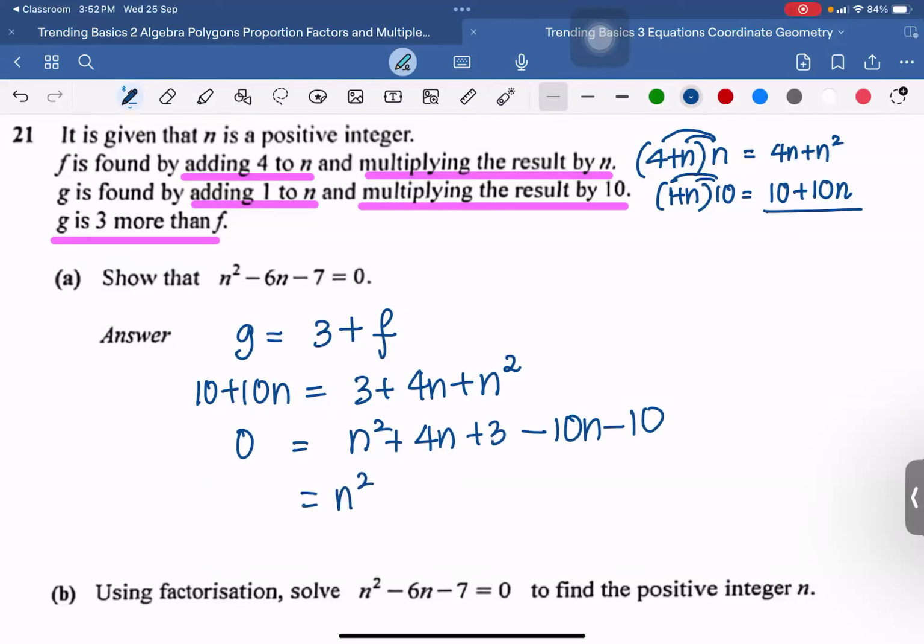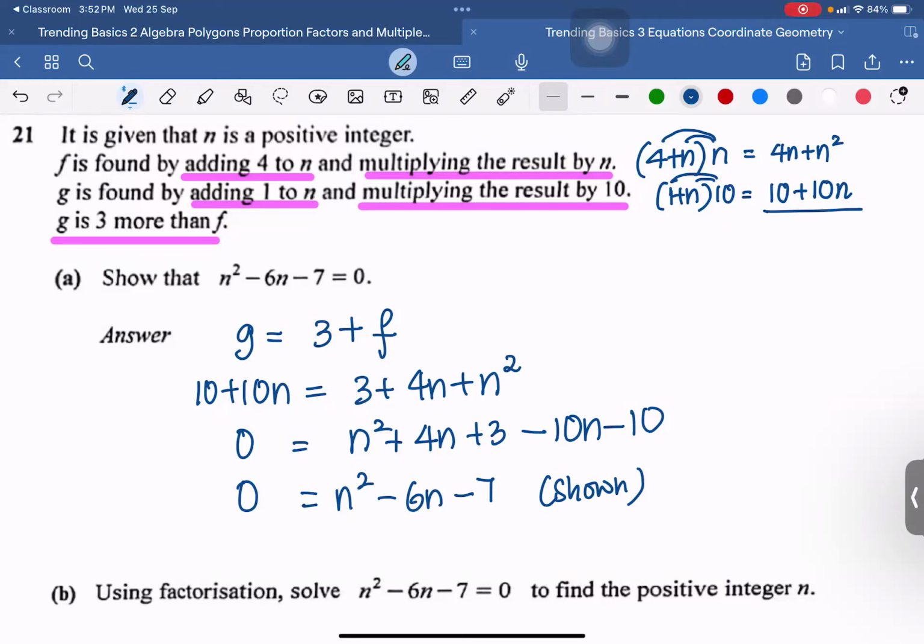Then I get 4 minus 10, negative 6, and 3 minus 10, negative 7. Is this part of the question okay? Are you okay with the question? You can understand? Okay, good.